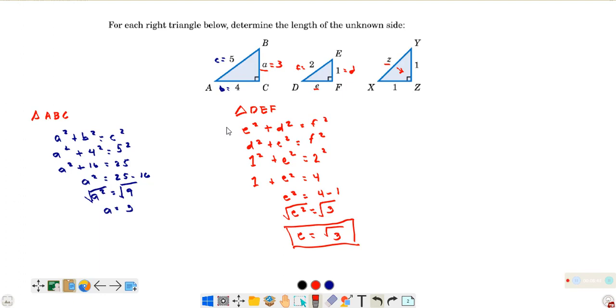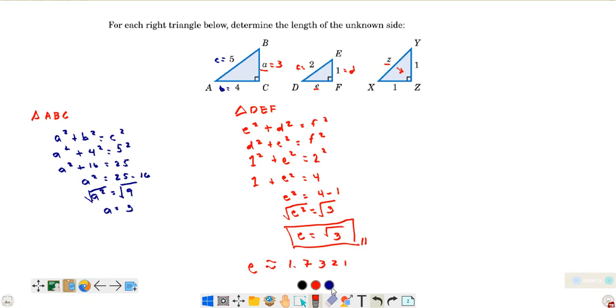The square root of 3 is approximately equal to 1.7321. Ayan. So the approximated value is 1.7321. But if you give me the exact value, square root of 3, mas okay yun.